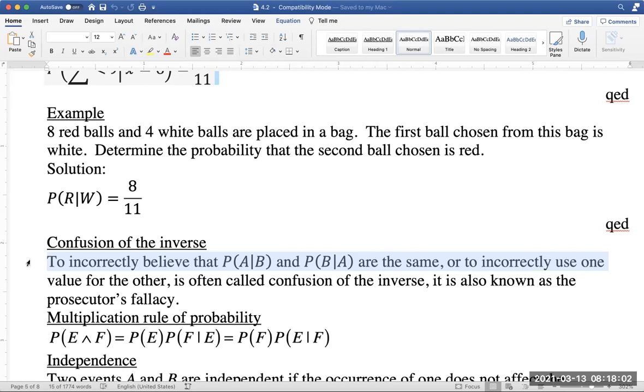And it turns out that the usual arguments of prosecutors confuse the conditional probabilities.